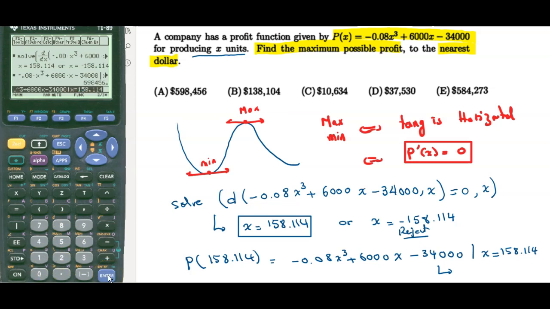There we go. So we get the answer is going to be 598.456. It's already rounded to the nearest dollar, so the best choice here will be choice A.